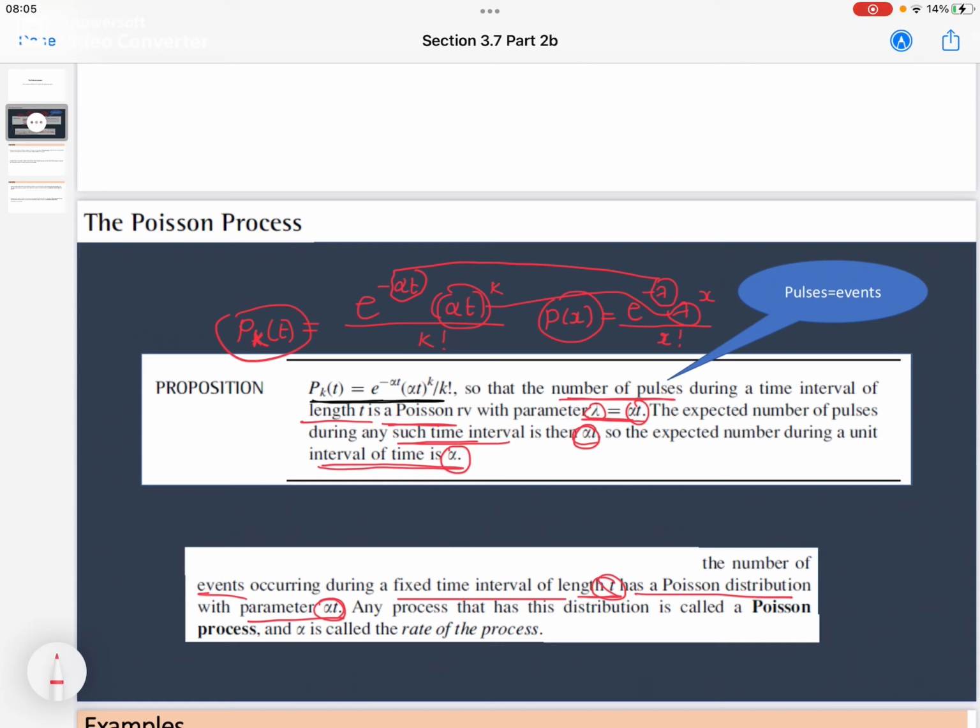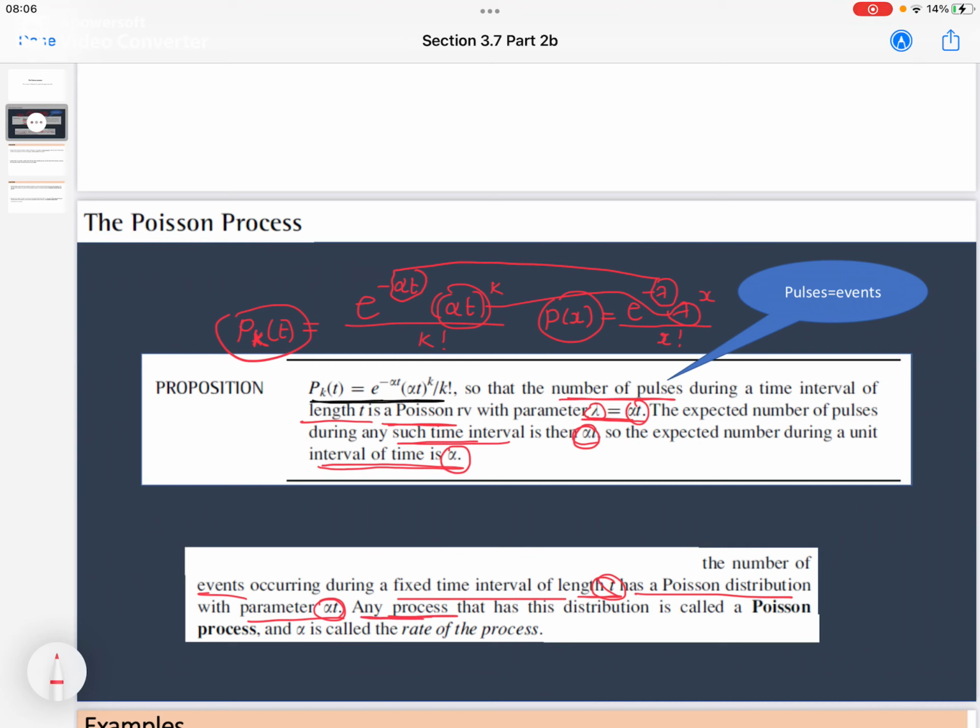Essentially what we're doing here is changing the value of the parameter lambda for specific periods of time. So if lambda is 2 in 30 minutes, then what would lambda be for 1 hour 30 minutes? That is what we want to calculate.